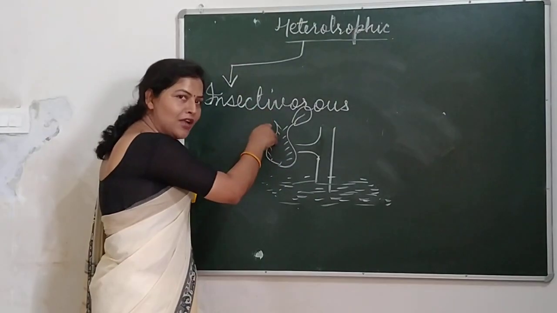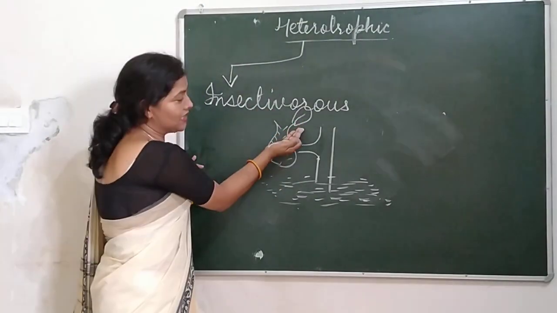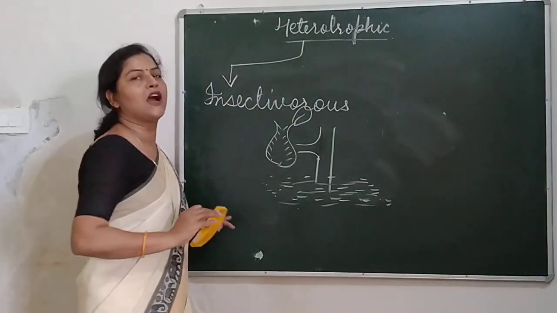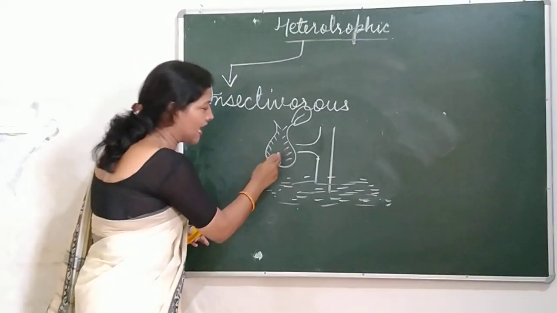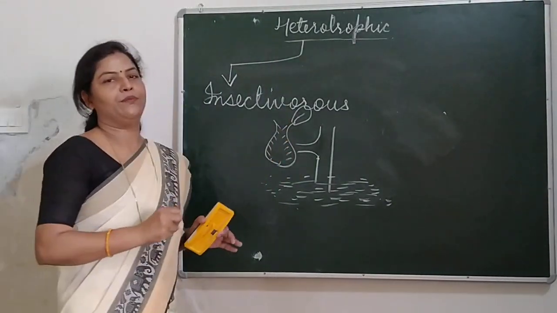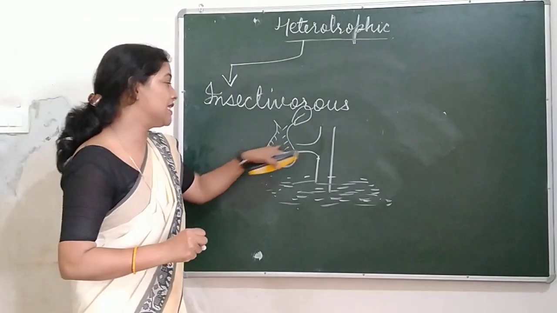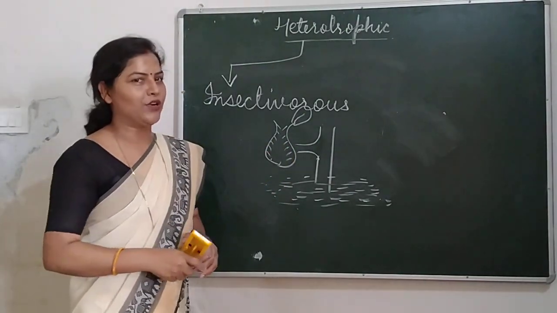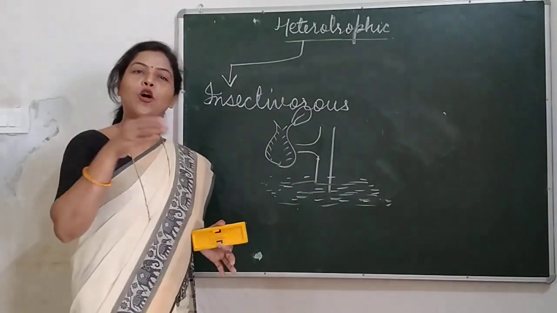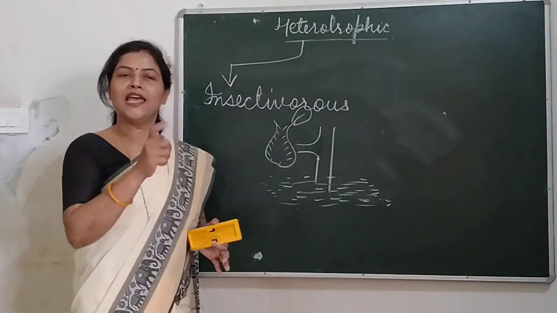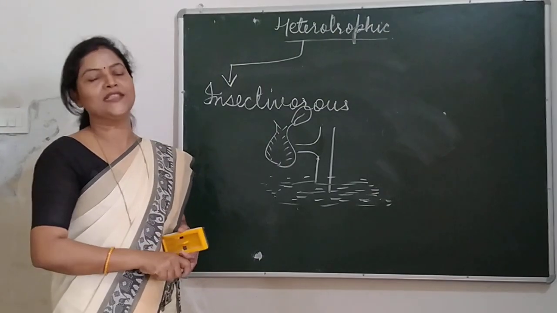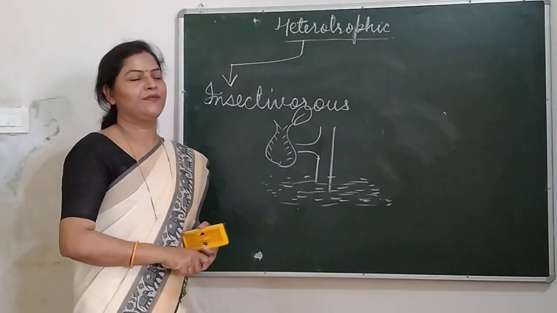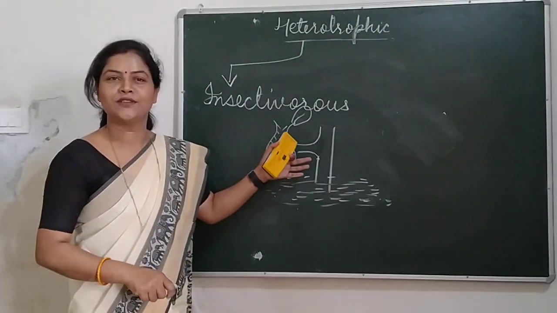As they come and land over that, this covering, this flap-like structure, covers the insects. And these hair-like projections trap them. And they suck nitrogen from the insects. So this is the way insectivorous plants obtain nitrogen from insects. And that is why they are also known as carnivores.